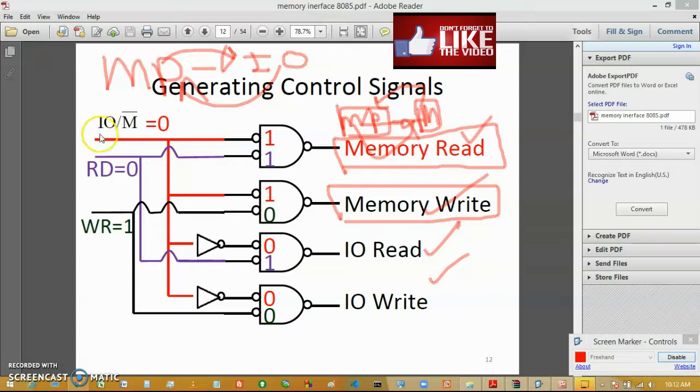Now the microprocessor has a pin IO/M bar. Whenever this IO/M bar signal is high, it is called a memory related operation, and whenever the read signal is low, then this is a read operation.